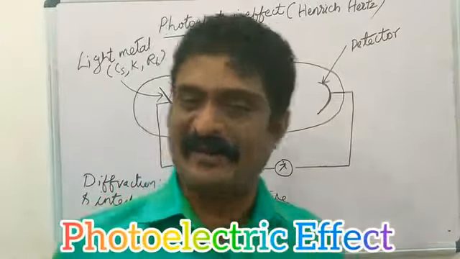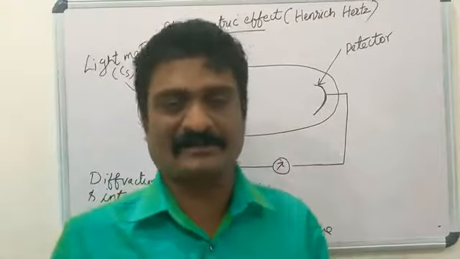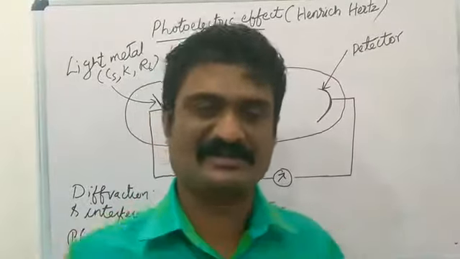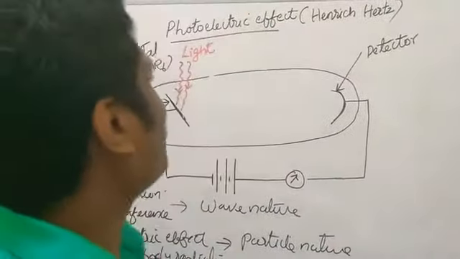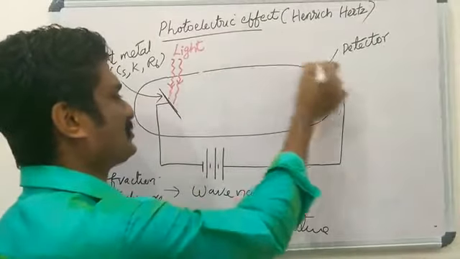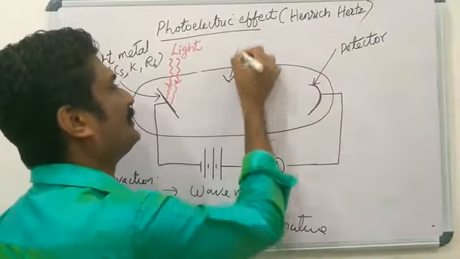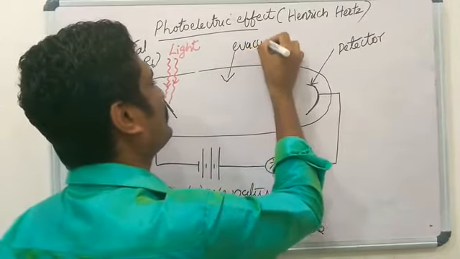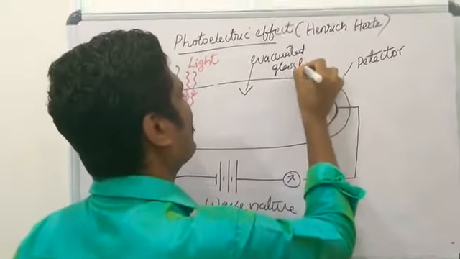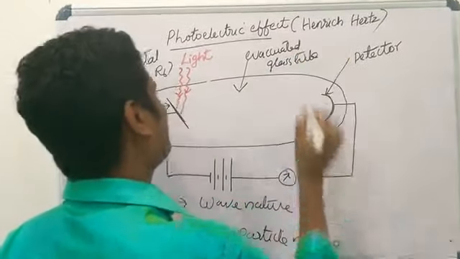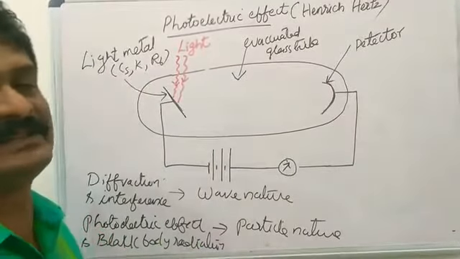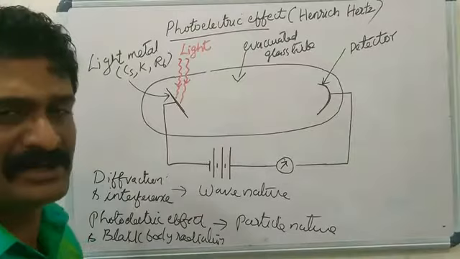The photoelectric effect was discovered by the famous scientist Heinrich Hertz. Yes, what is meant by photoelectric effect? Okay, yes, this is an evacuated glass tube, and the two ends of the glass tube are connected with two metal plates.